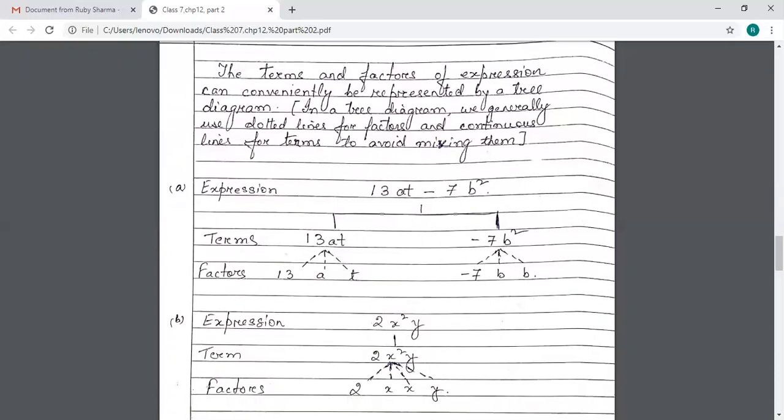So there are three factors here also, so three dotted lines. Now for this expression, it's 2x square y. It's a single term, 2x square y only. And what are the factors involved here? 2, x, x, and y. So four factors are involved, so we draw four dotted lines. So this is called a tree diagram.